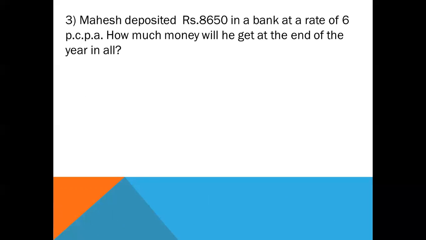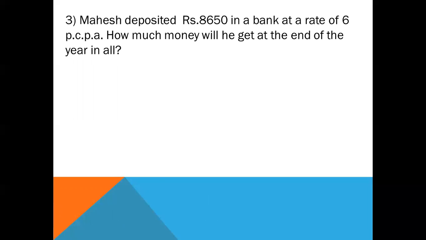Let's see one more example. Mahesh deposited rupees 8,650 in a bank at a rate of 6 percent per annum. How much money will he get at the end of the year in all? Now here Mahesh has deposited some amount in the bank.